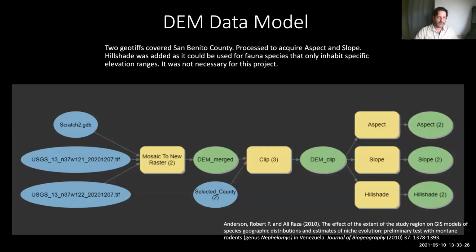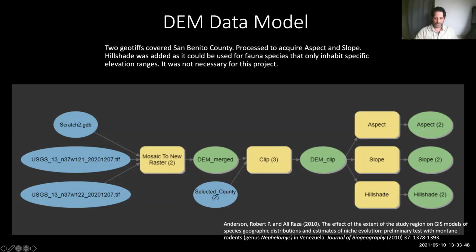So my digital elevation model, there were 2 different geotiffs that covered the area. So I mosaicked those together using the mosaic to new raster, and then clipped those with my county mask. And then for this project, I used aspect and slope.